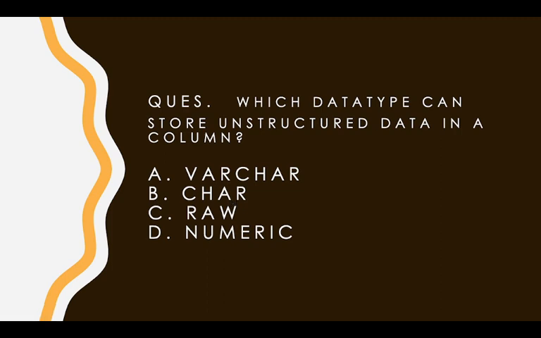We know that varchar basically stores variable string data. Numeric stores only numeric values. And then we have raw. So raw is basically used to store variable length binary data. All right, and we cannot manipulate it, but you can store variable length binary data.